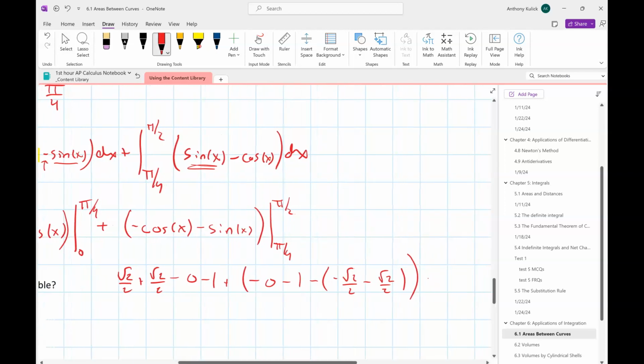So I get 2 root 2 minus 2, I think. Yeah, good.